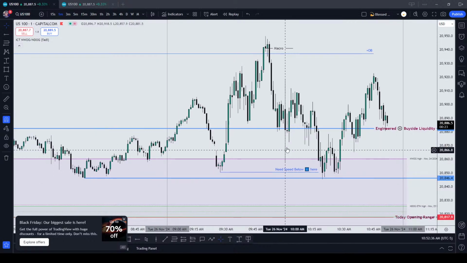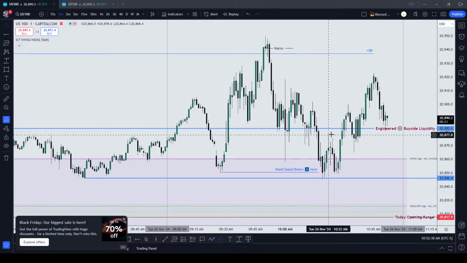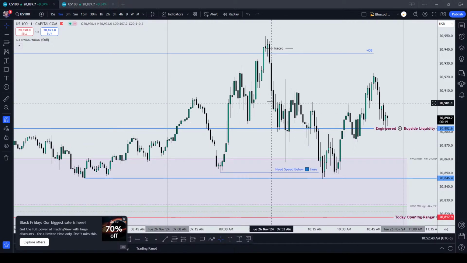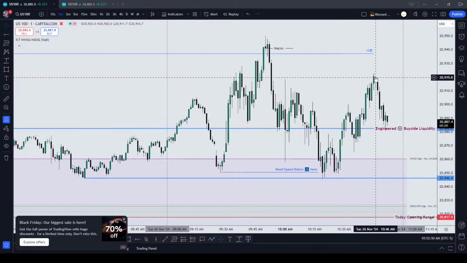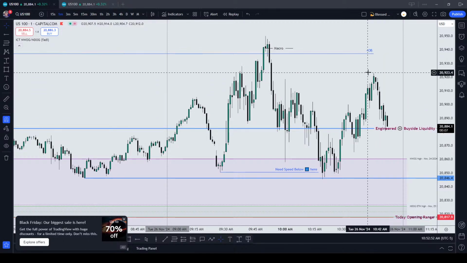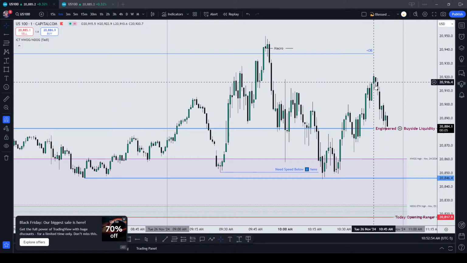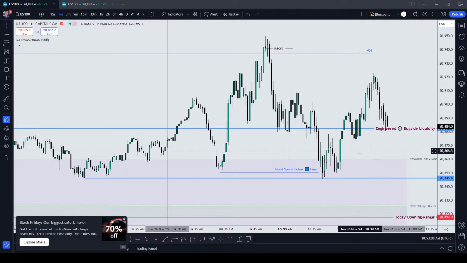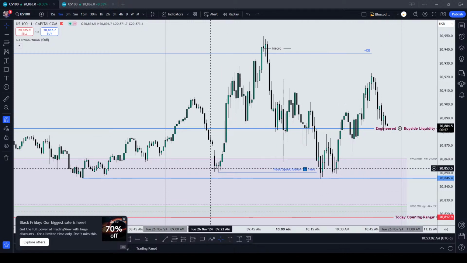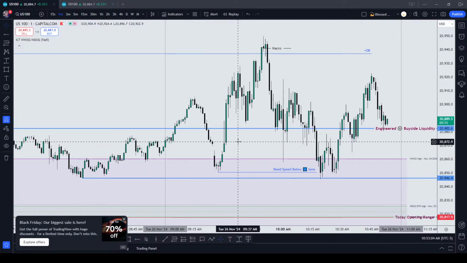When we are looking to take trades, this is not what we are looking for. Look at this. Does this look sweet? Does this look juicy for anybody to say, I want to put my money behind this? No. If I was a buyer right here and I wanted price to go up in my direction, would I be comfortable with price retracing back downwards like this? Hell no. Because this right here is what I call a seek and destroy.